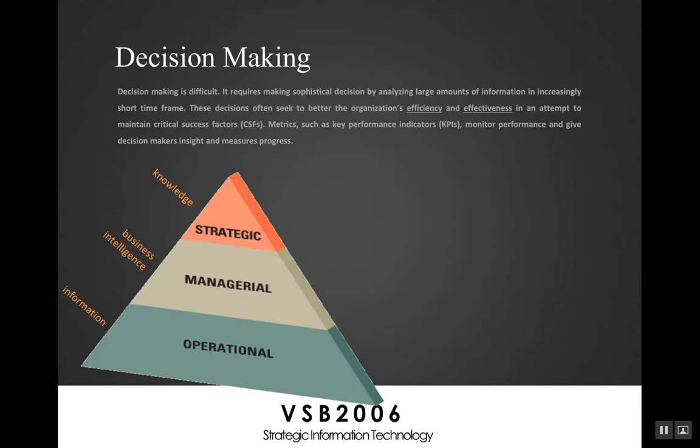One of the key attributes of business is decision making. Organizations and managers are in the business of making decisions, and making decisions is difficult, primarily because the outcomes of a decision may or may not yield the desired result.